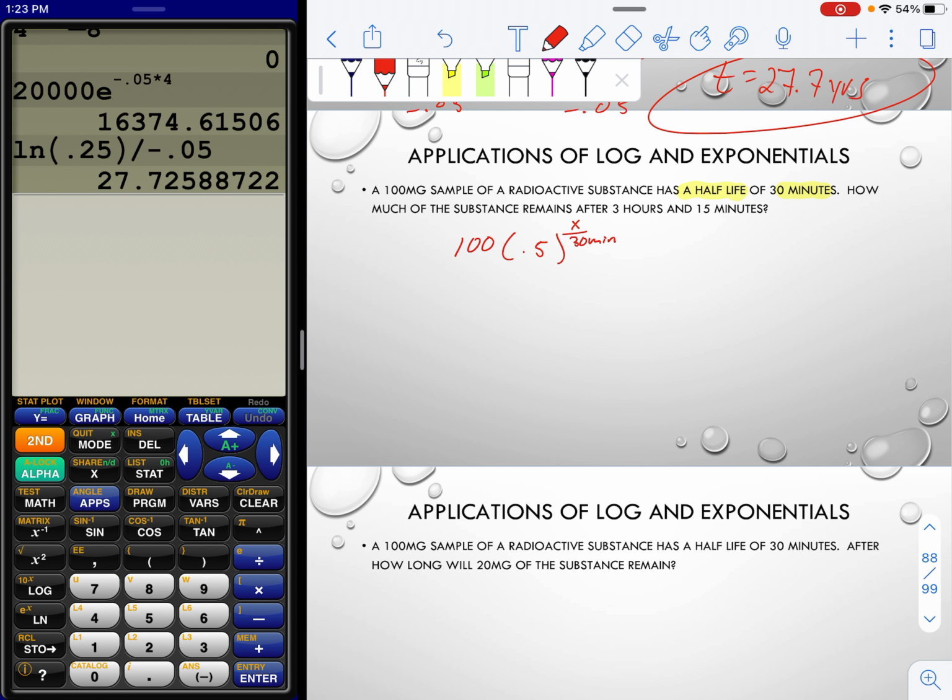So because our time here is in minutes, I have to convert 3 hours and 15 minutes to total minutes. Okay, so 3 hours times 60, that's 180 plus 15, 195 minutes. All right, so we're substituting 195 back in for our total time.